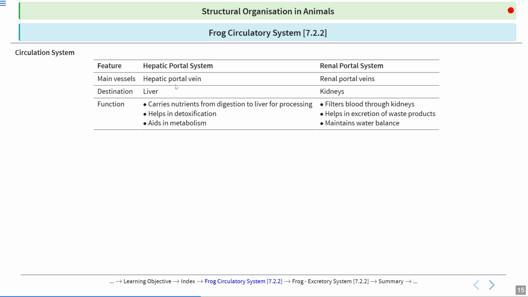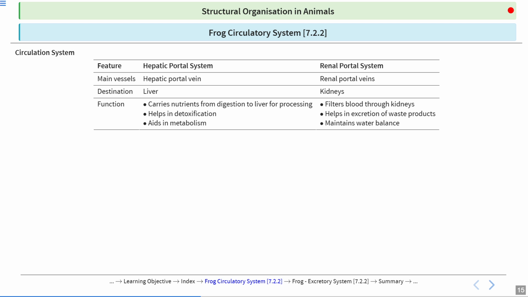Now, what is the main vessel here? Hepatic portal vein. And what is the main vein in the renal portal system? That is called the renal portal vein. What is the destination organ? Liver. Because from the digestive organs, all the blood is taken by the vein, and it enters which organ?